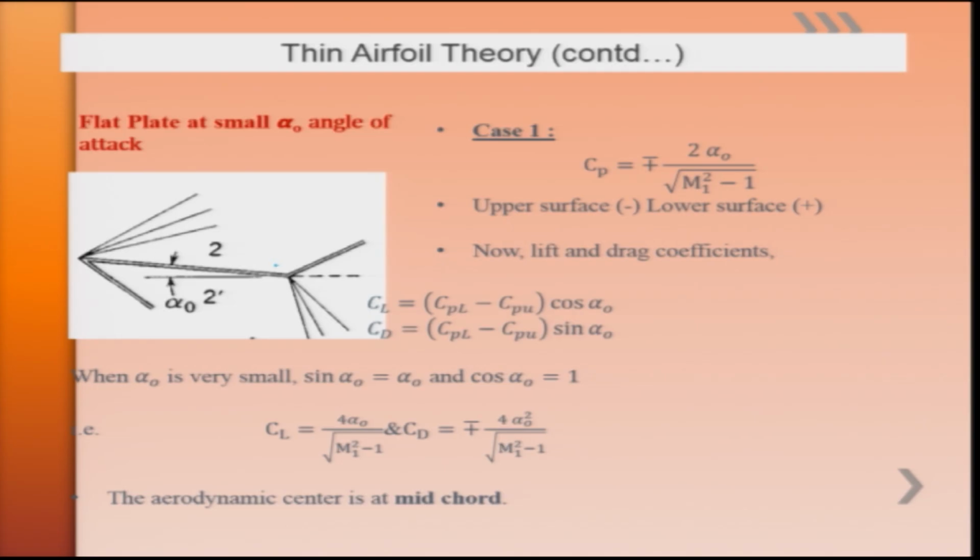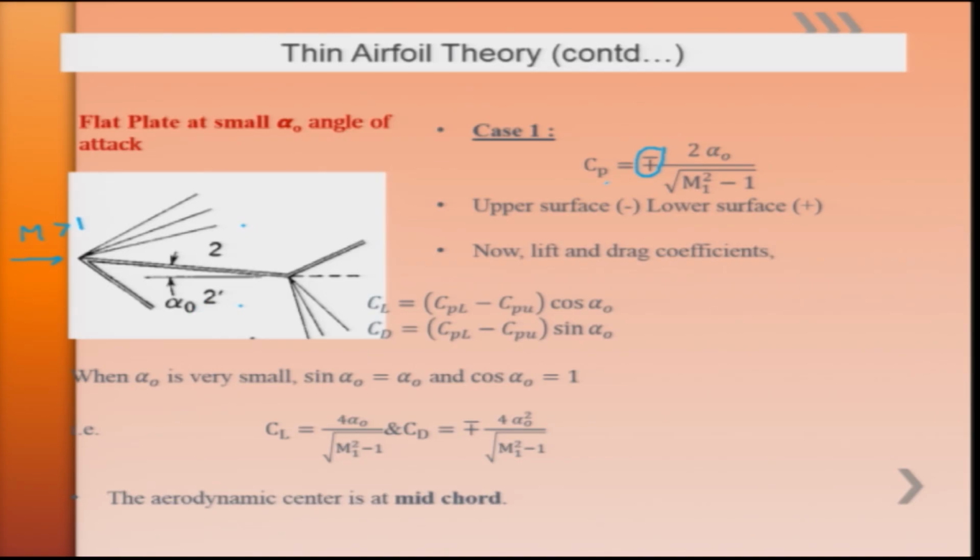Considering the same thin flat plate kept in a uniform supersonic stream, with an oblique shock and expansion fan at the leading edge and then an oblique shock and expansion fan at the trailing edge, we can denote the Cp for the upper and lower surfaces, that is the suction as well as pressure surfaces, using minus and plus, where the minus sign denotes the suction surface and the plus sign denotes the lower or pressure surface.